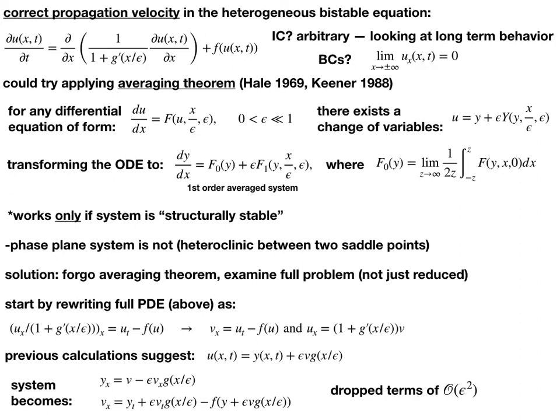And we have an equation v sub x equals y sub t now. We have this partial derivative plus epsilon v t, g of x over epsilon, minus now the nonlinearity f. So we're ignoring terms of order epsilon squared and above, and now we're just going to handle this system. We've done a bit of perturbation theory already by introducing this small parameter.